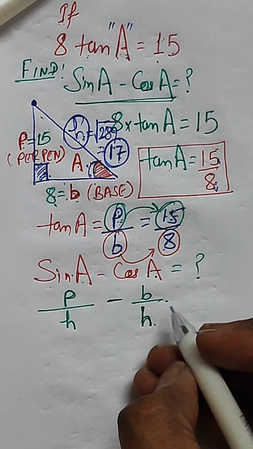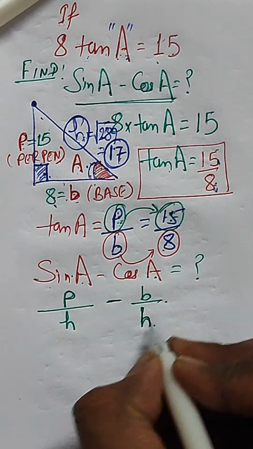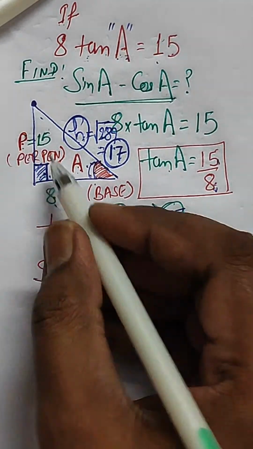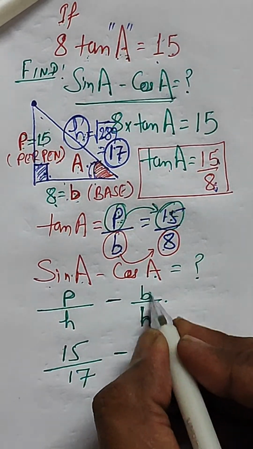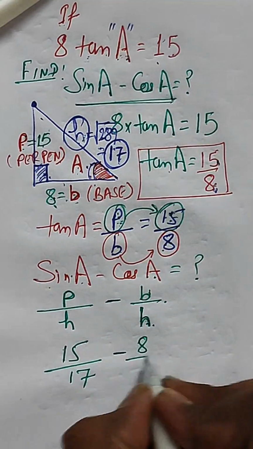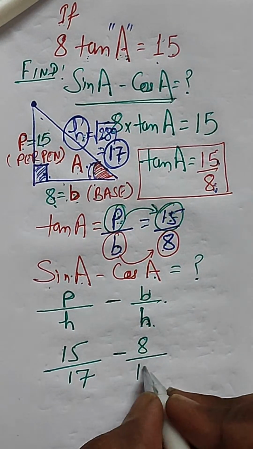Now simply put up the values: P as 15 and H as 17, and B as 8 and H as 17.